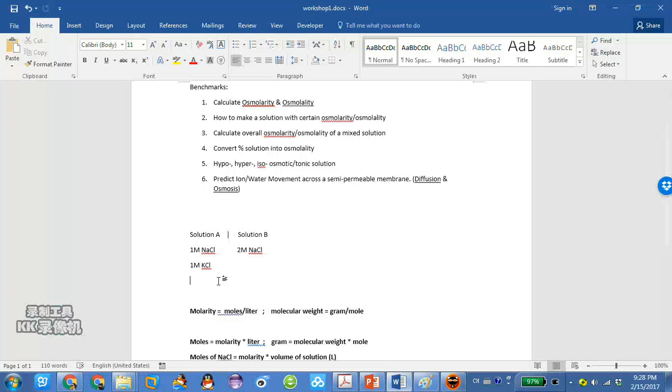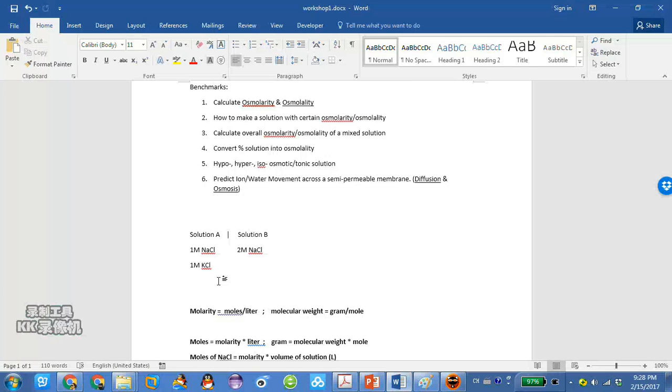No matter if it's a sodium ion, chloride ion or potassium ion, the osmotic pressure provided by one actively moving particle is always going to be the same. So in the definition of osmolarity, we only care about the amount of actively moving particles in a solution instead of the type of actively moving particles.